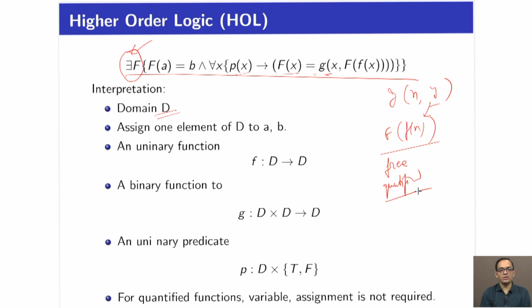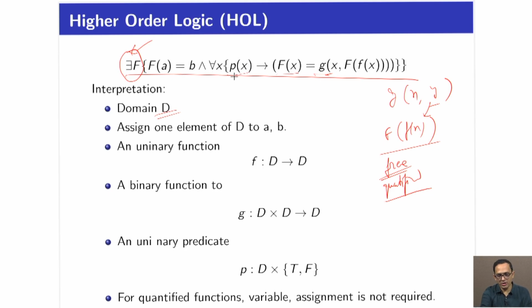The quantified one, I know I have to find out one function. But for the free variables in an interpretation, you have to assign some values, right. For propositional cases I have assigned 0 or 1, but here if you have a function or predicate, I have to give the meaning of that function.